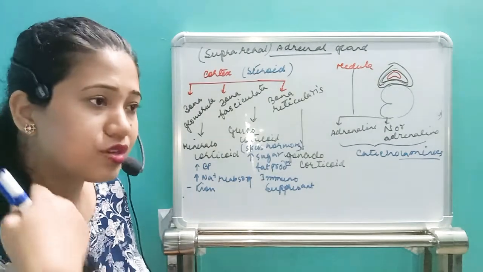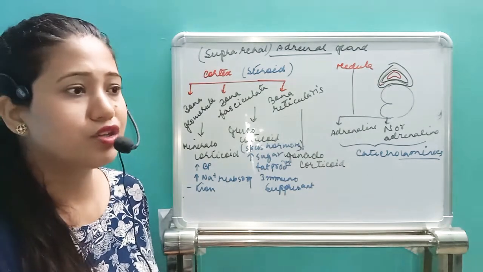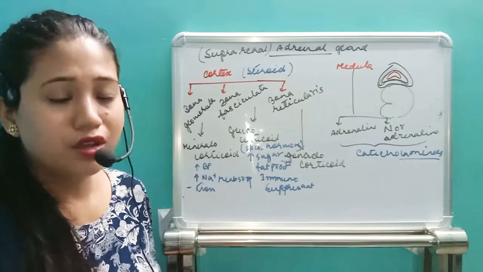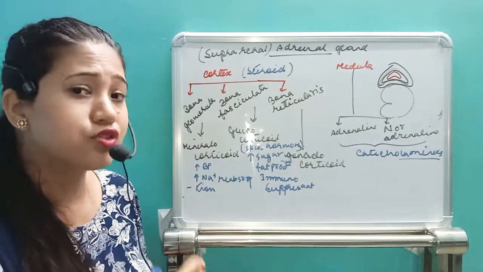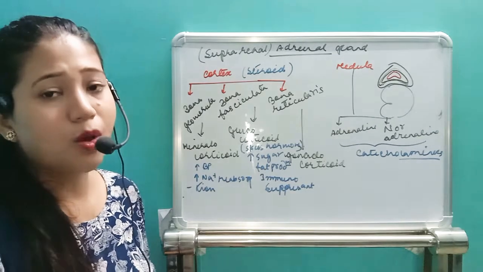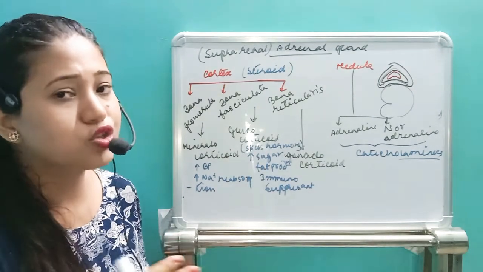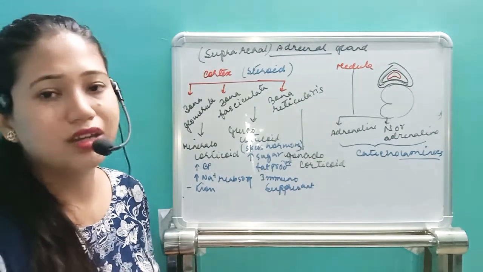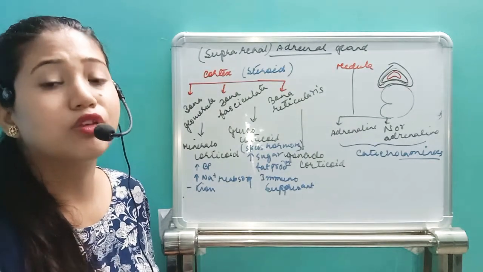And if we are in a prolonged state of stress, then our body thinks that we need more energy, that in the future also we'll need energy. So that's why it will increase fat deposition. It can also cause obesity. Whenever we are in a depressed or stressed condition, our fat starts to accumulate more.